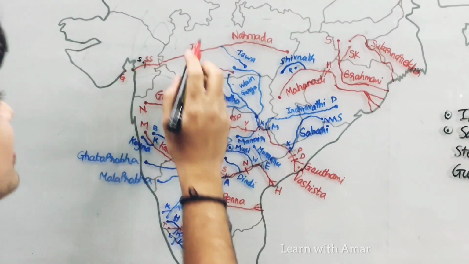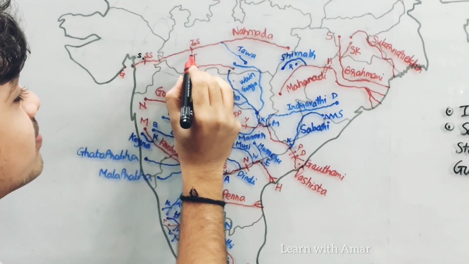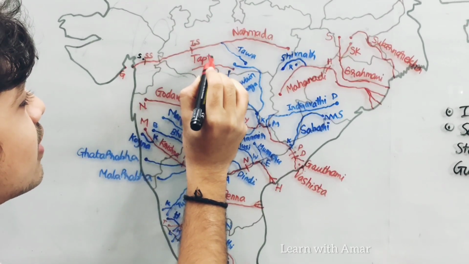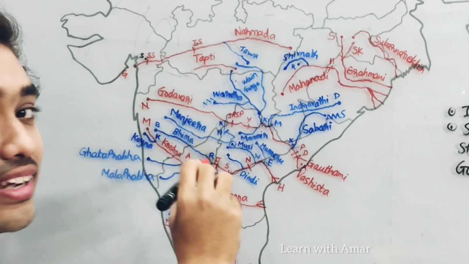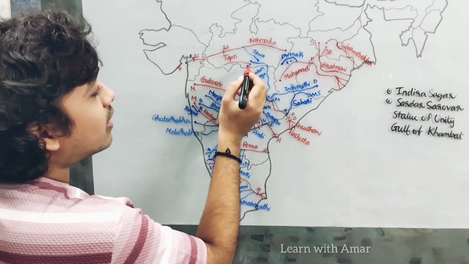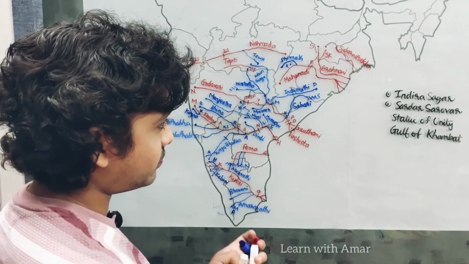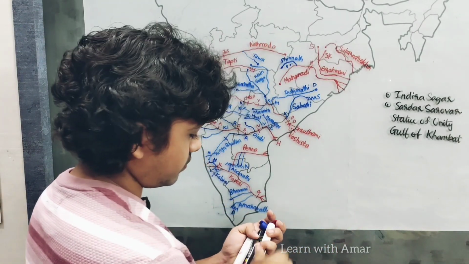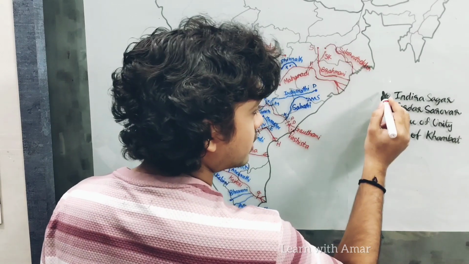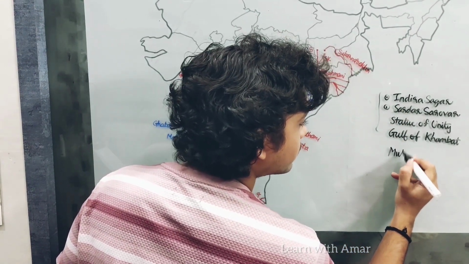Okay, Satpura is the range. So this is Tapti, and Satpura range is where it actually originates. Okay, that was what I was going to say. And in the city of Multai. So this is about Narmada, and then we have Multai.